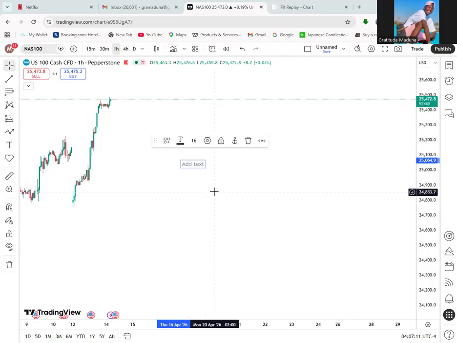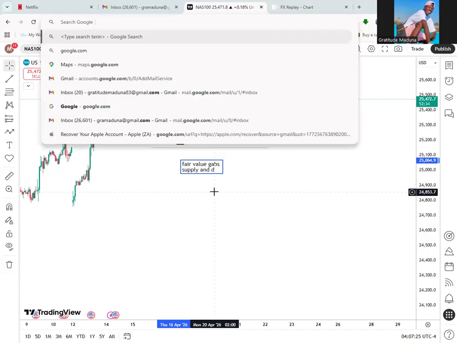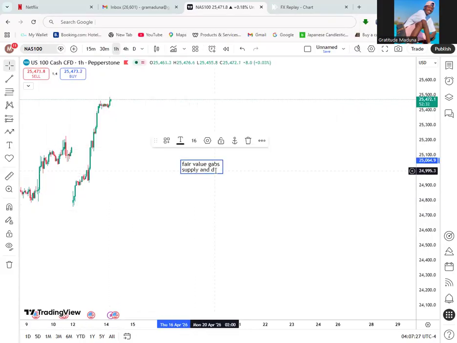So the first one is fair value gaps. This is my favorite one, the fair value gaps. And the second one is supply and demand. And the third one is breaker blocks.